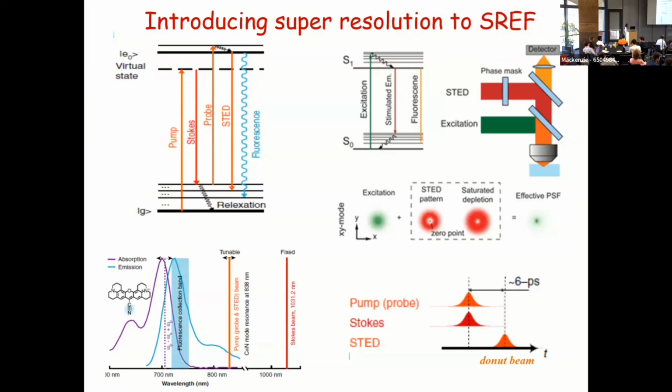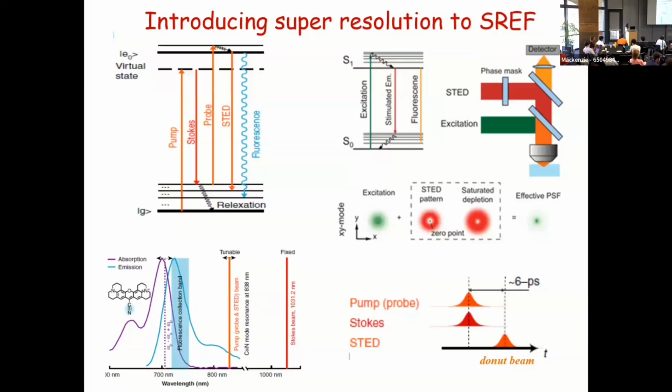For example, in this work, Dr. Han Qinxiong and I collaborated to implement this Nobel Prize winning technique by Professor Stefan Hell, the stimulated emission depletion technique. So in his method, you have a donut beam with a high power to deplete the excited molecules surrounding the focus in the excited states.